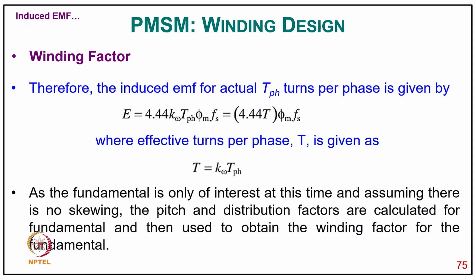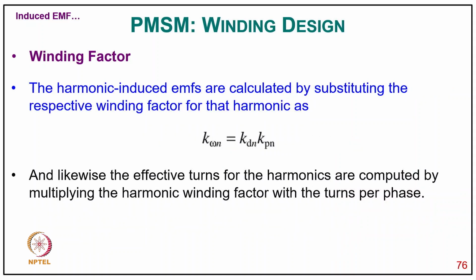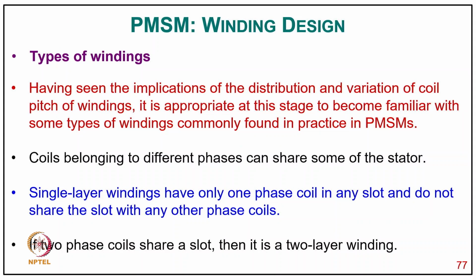Assuming there is no skewing, the pitch and distribution factors are calculated for the fundamental and then used to obtain the winding factor for the fundamental. The harmonic induced EMFs are calculated by substituting the respective winding factors for the harmonics, Kwn = Kdn times Kpn, and likewise the effective turns for the harmonics are computed by multiplying the harmonic winding factor by the turns per phase.